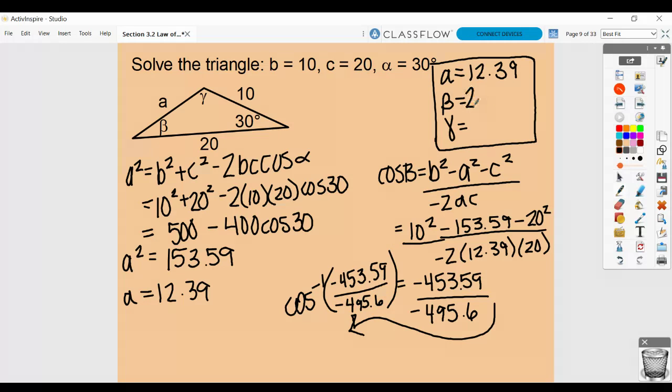And you get 23.76. Now to find the last angle, you can just subtract from 180. So 180 minus 30 minus 23.76. You get 126.24.